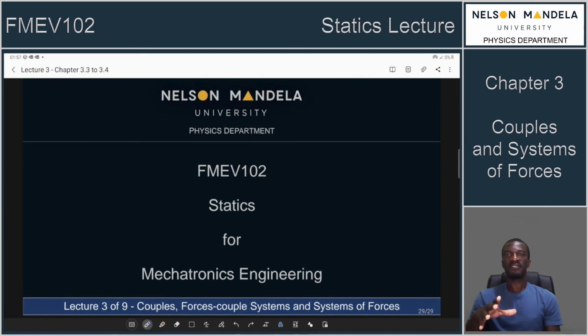So that couple vector, when we look at the replacement part, we can replace any system of forces. Just move the force onto the desired location, create a counteracting force, so that you can end up with the force at your new location and another couple. Then all that can be put together to actually find the location of a point at which you should apply the resultant, so that in the end you can find an equivalent system.